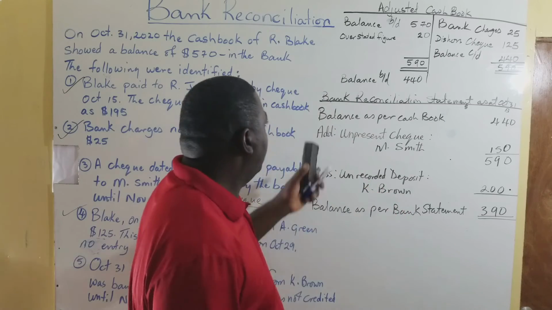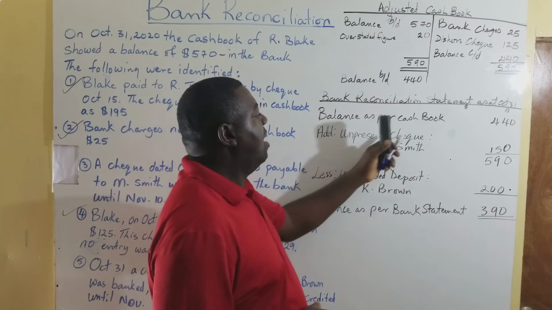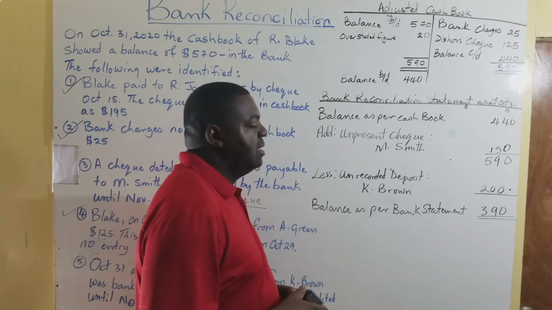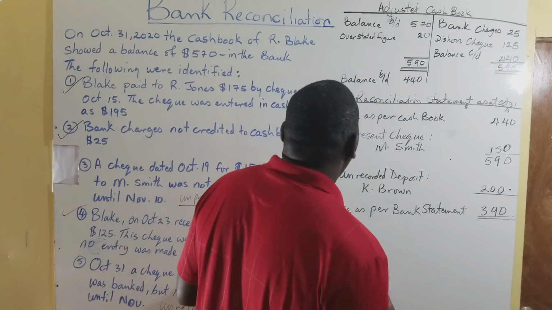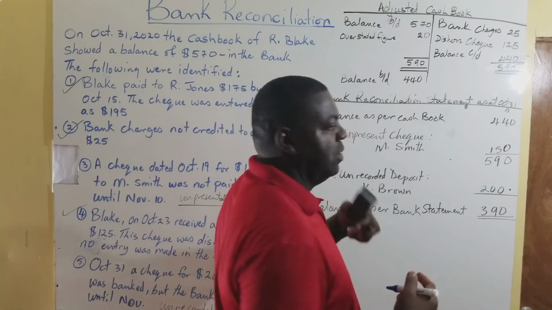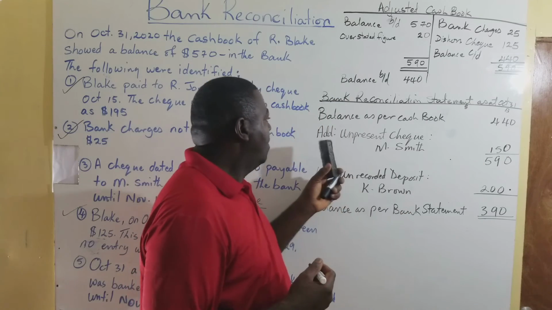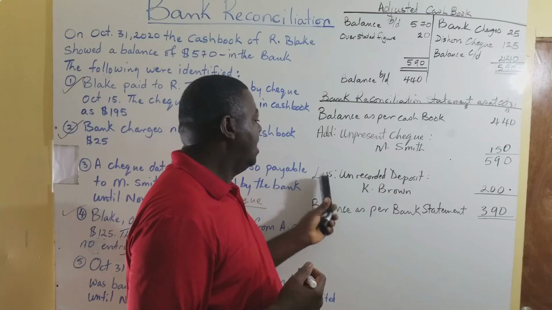So instead of having balance as per cash book, we'll have overdraft as per cash book, and we'll flip the script if you would. What we used to add, we will subtract, and what we subtract, we add. So we used to add this, then we would subtract it. We used to subtract this, then we add it.